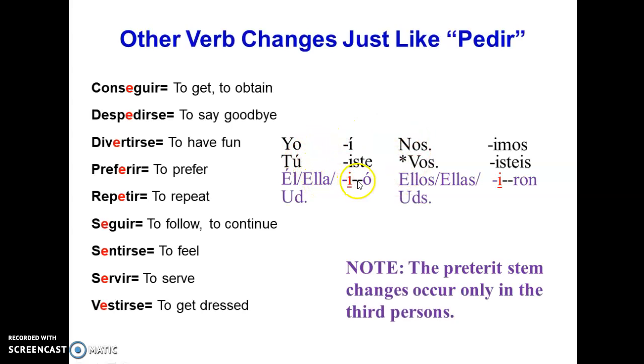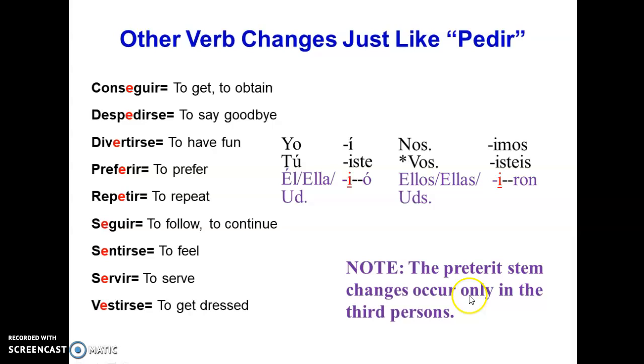Only in this part, that's where we're going to see the change, in the third person singular and plural. It's going to be the same, just like we saw with pedir: conseguí, despedí, preferí, repetí, but then it's going to change. This one is going to be repitió, okay, repitió. And then sentirse, sintieron, okay? So that's how these verbs behave.